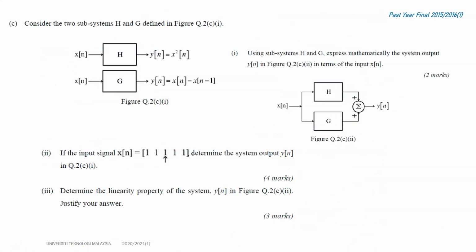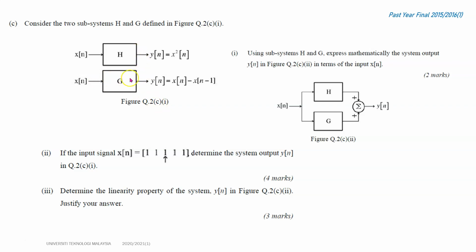And the question, which is taken also from the same past year final exam 2015 and 2016. So question C here: consider the two subsystems H and G as defined in this figure. This is a discrete time signals and system from also chapter 1. The overall questions, 1A, 1B, and now 1C, will give you 25 marks.